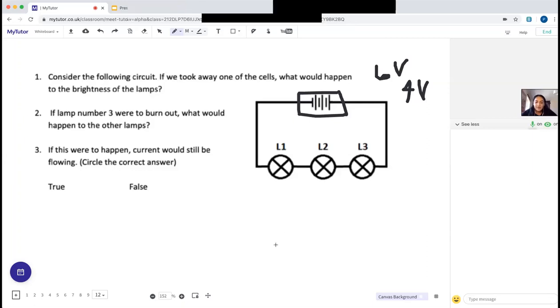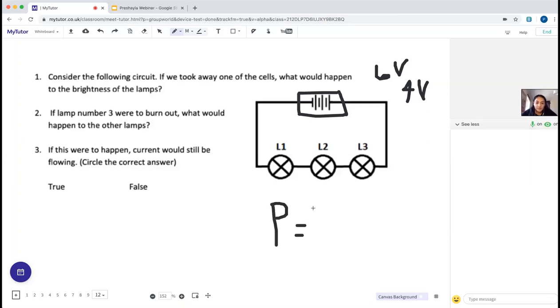A quick side note, you might remember the equation P equals IV. This can be used in conjunction with V equals IR. This is only for the higher exam board. P equals IV and V equals IR.